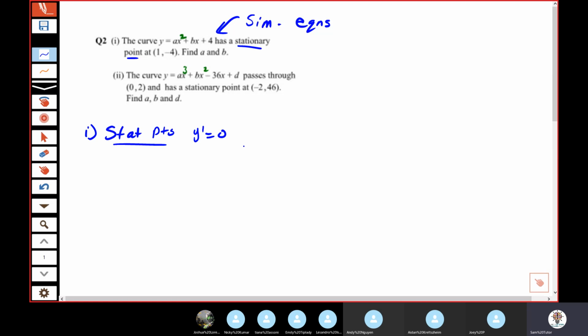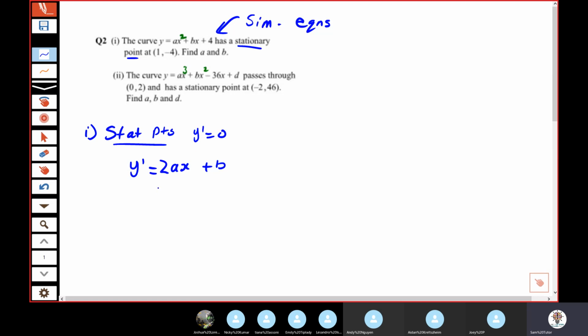So what do you think I'm going to say to do? Differentiate. You've got to find y dash. y dash equals 2ax plus b. What does x equal to? 1.